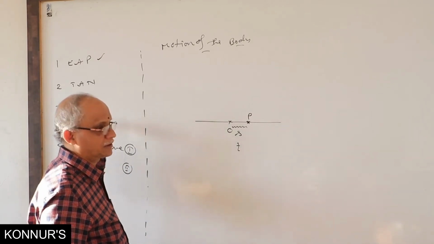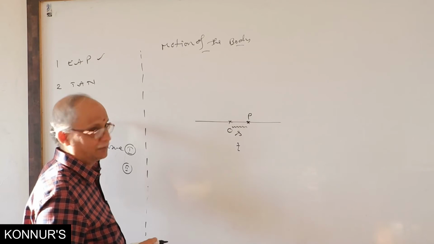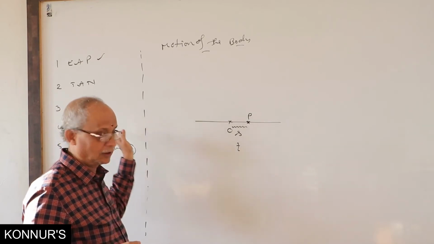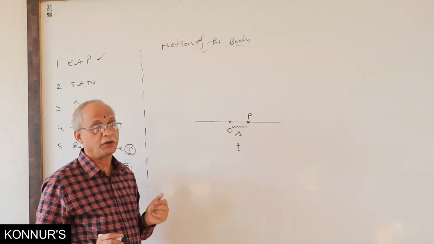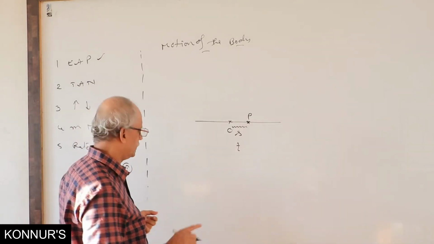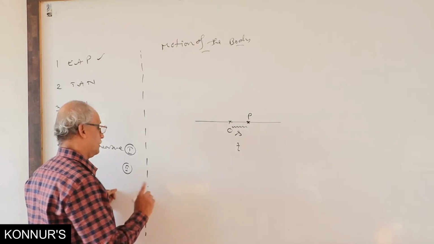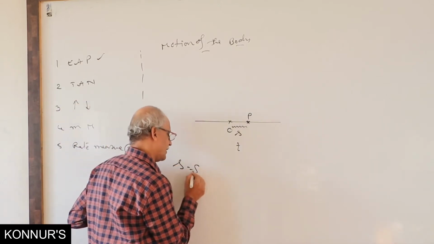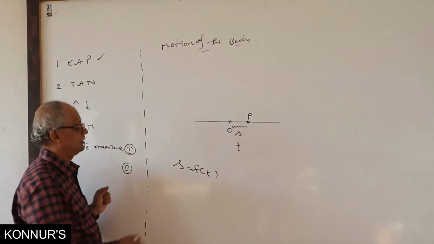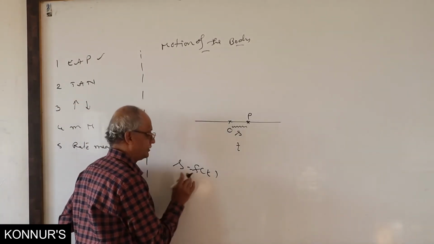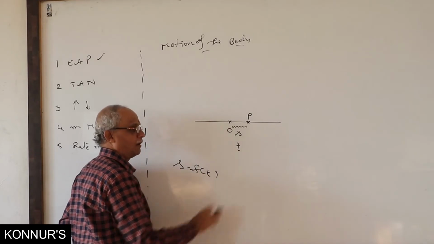Like algebraic functions, continuous differentiable functions, integration, everywhere we are writing a relation between two variables, x and y. Y equal to f of x is a function of x. Like that, instead of x and y here, I will write s is equal to a function of t. That is called a relation between distance and time.